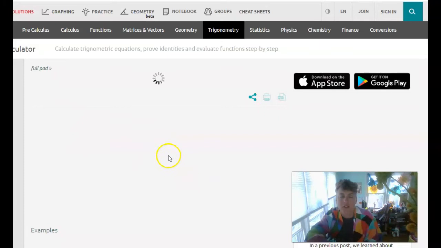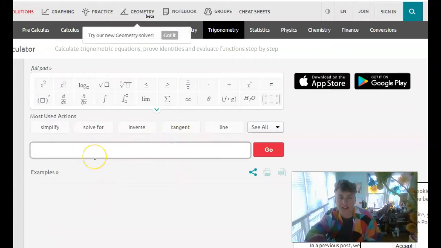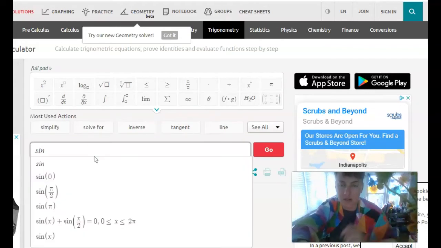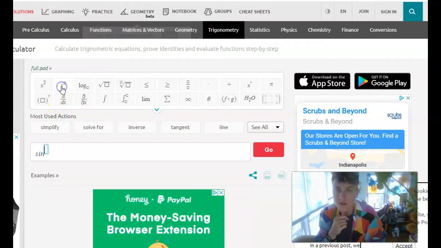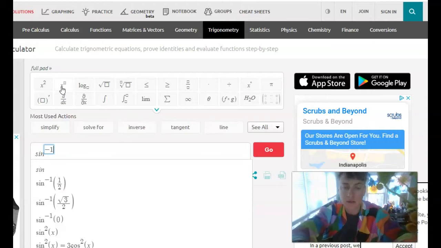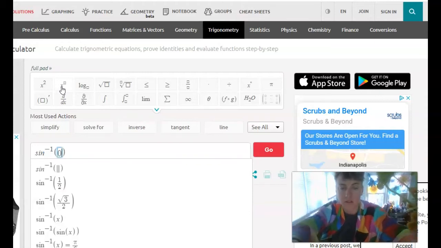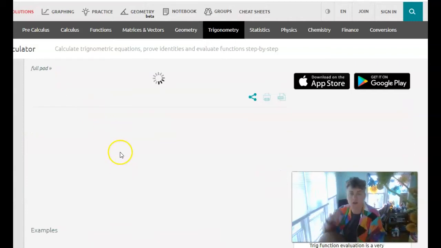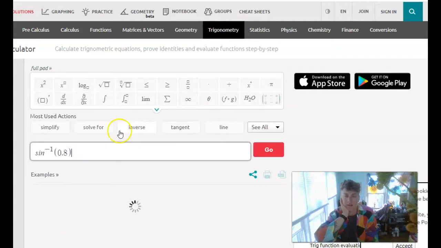So we looked up trig calculator, and we want the inverse sine, so sine to the -1 of 0.8, and I press go, and it loads for me.